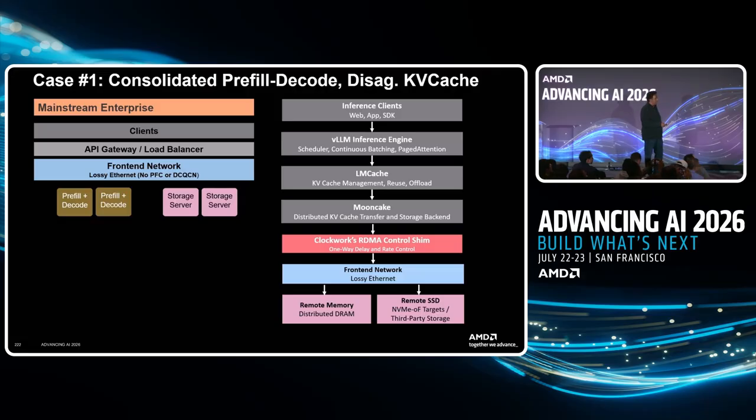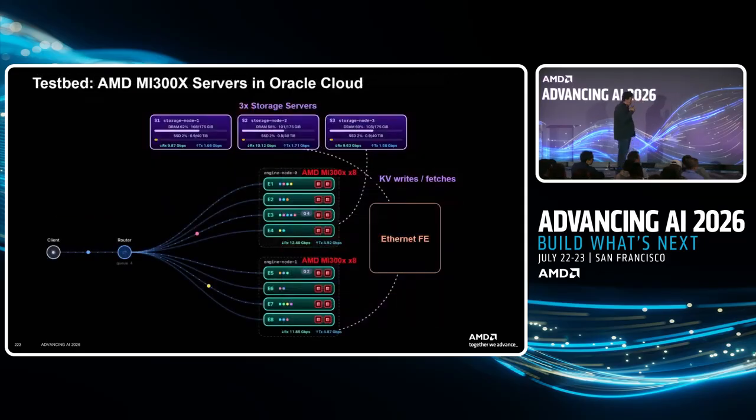There's vLLM that does the scheduling, batching, et cetera, and LMCache, which handles the DRAM in the host, and Mooncake, which does the transfer of KV across the different memory hierarchy as well as to remote storage. And our shim is underneath that. We're going to use, in this case, the front end only, because prefill and decode nodes are not disaggregated. This is the same thing as I showed you earlier.